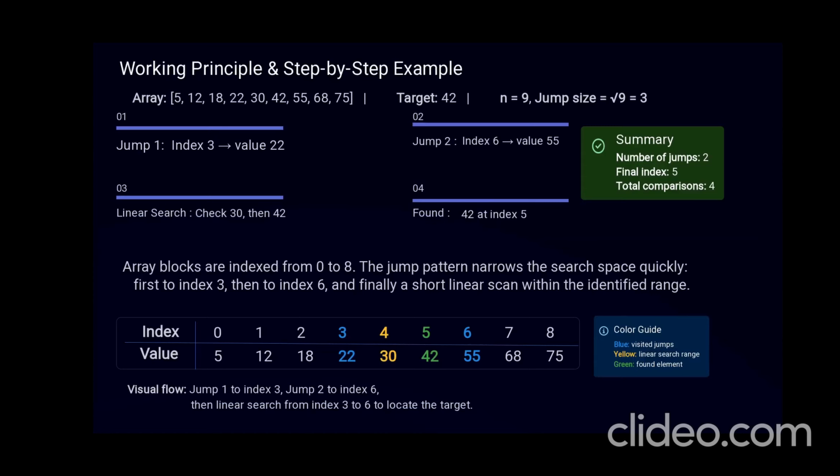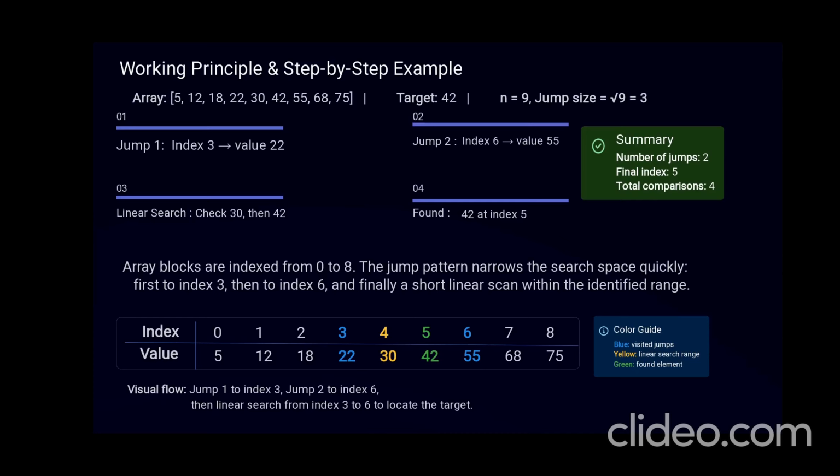Let's see how jump search works with an example. We want to find the element 42 in a sorted array of 9 elements. The jump size is √9, which equals 3. First we jump to the index 3 and find the value 22. Since 22 is less than 42, we continue jumping. Next, we jump to the index 6 and find the value 55.